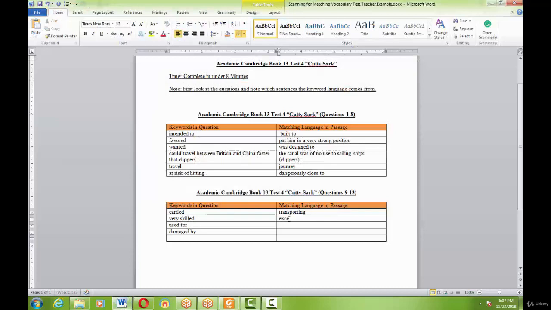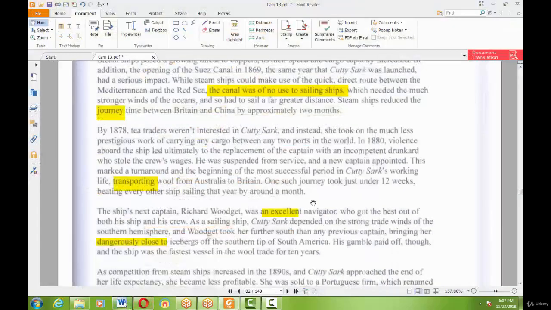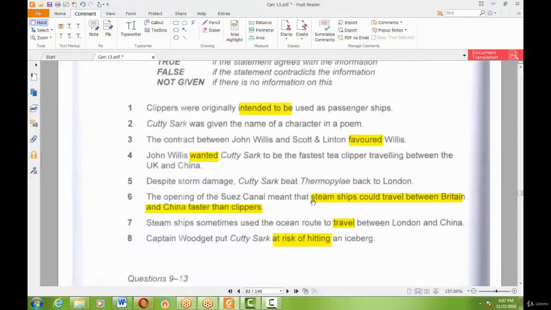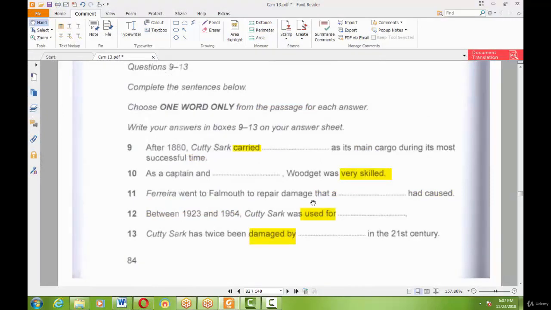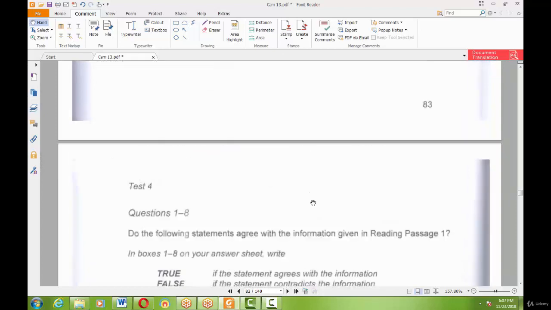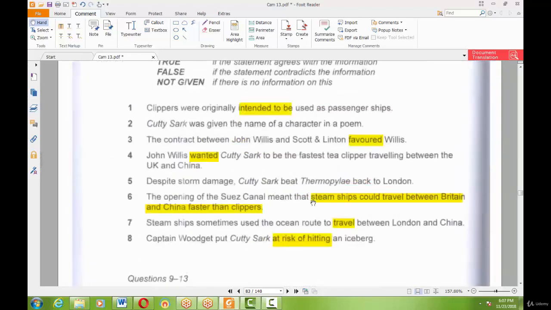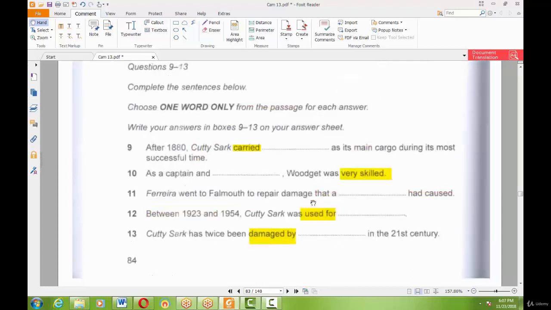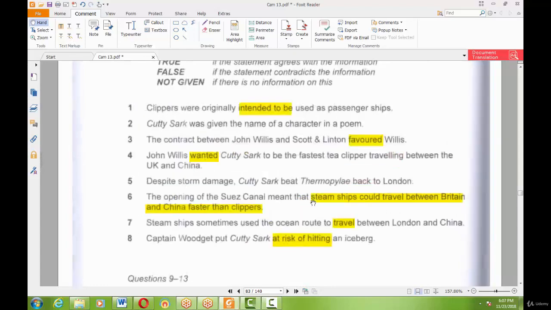Right? Excellent. And what you're doing when you're doing this is you're just working on the skill of being able to locate language. All right, so between 1923 and 1954, Cutty Sark was used for.